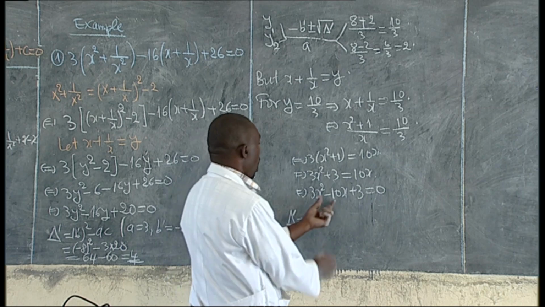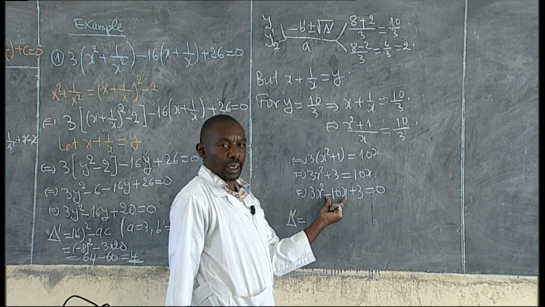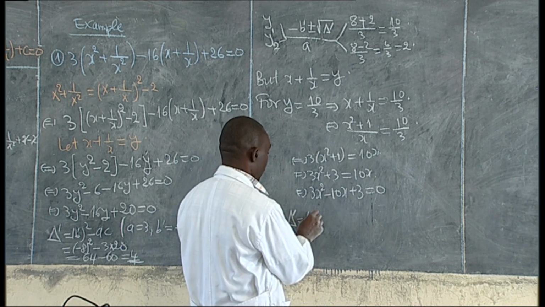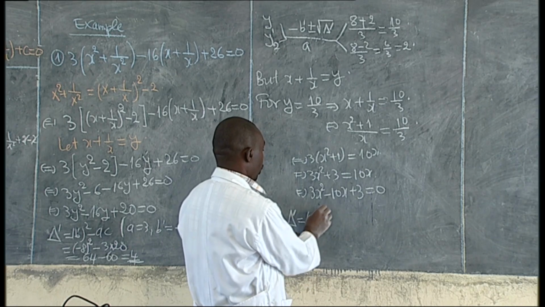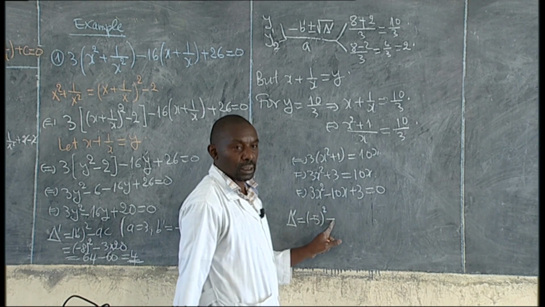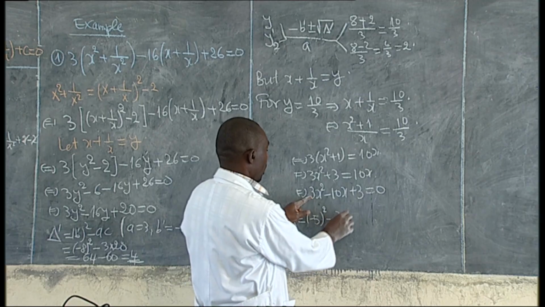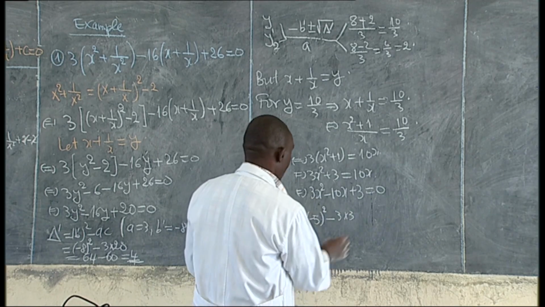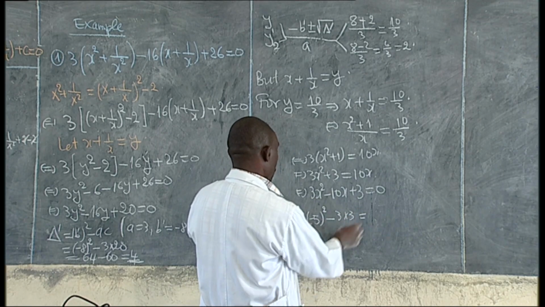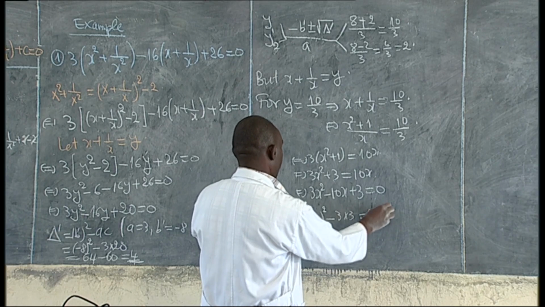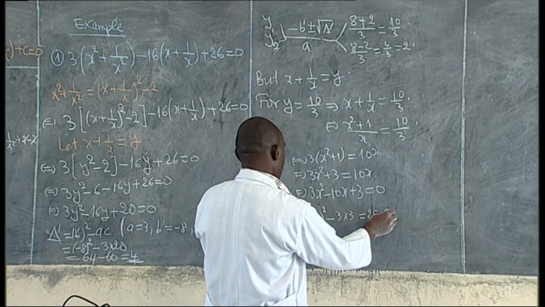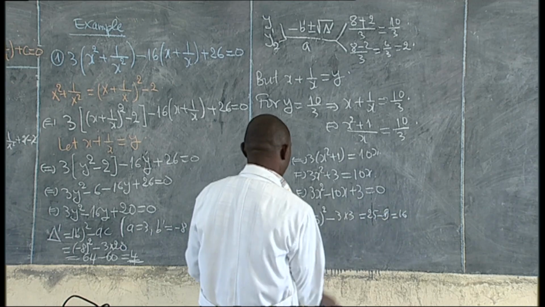This will be equal to half of negative 10, of course this is minus 5, squared minus AC. A is equal to 3, times 3. And this is equal to 25 minus 9, and this is 16.